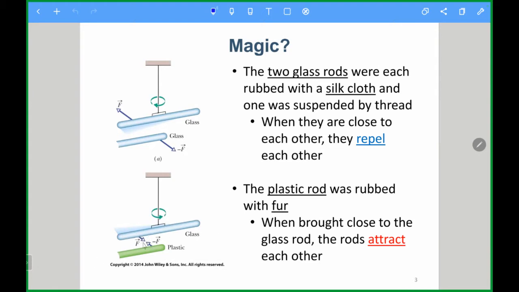There will be a force attracting them, which means a force pushes the top glass rod to the bottom right, and exactly the same force in the opposite direction acts on the plastic rod. So these two rods are attracting each other.